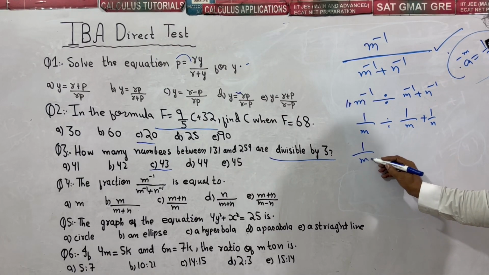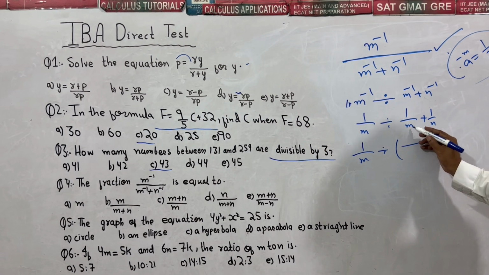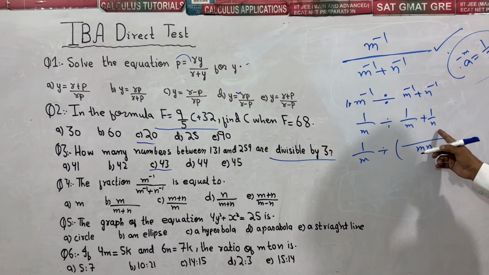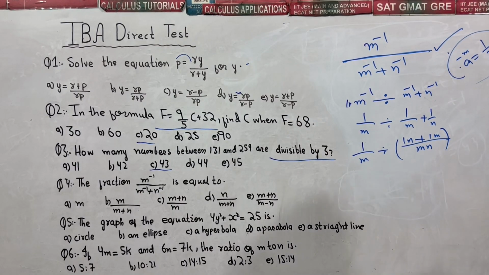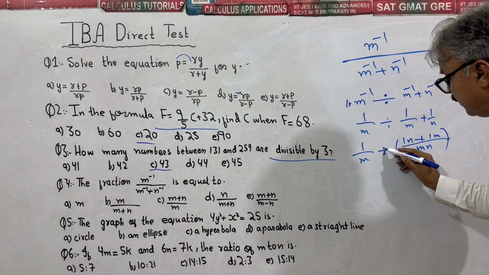1 upon m divided by, taking the LCM of m and n, which is m times n: m times 1 over n becomes n, 1 times n plus 1 times m. Now convert division into multiplication.